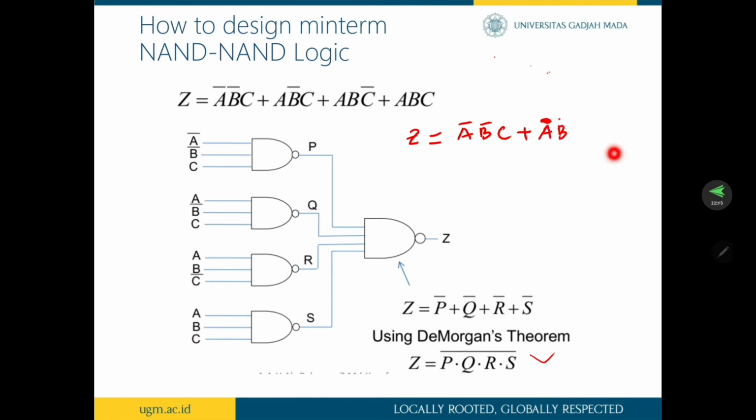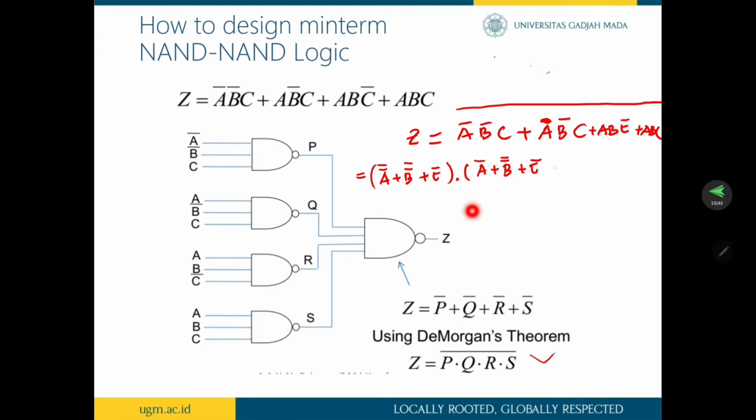A not B not C plus A B C not plus A B C, and we do the De Morgan theorem so we can get, and then dot A not plus B not plus C, dot A not plus B not plus C not.